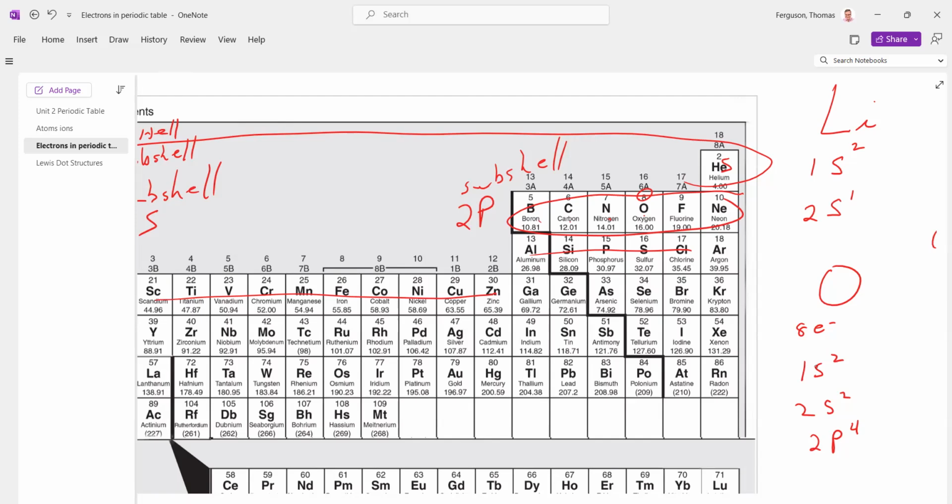So there's 6 places to put electrons in the p block, and we've taken 4 of those places. So we can further subdivide the p subshell into individual orbitals.